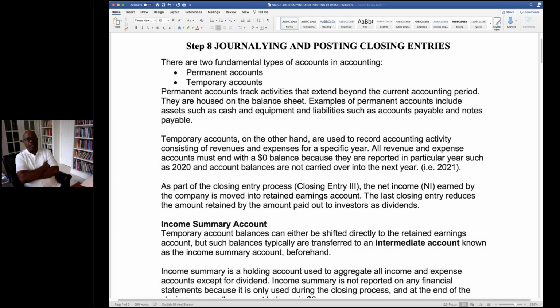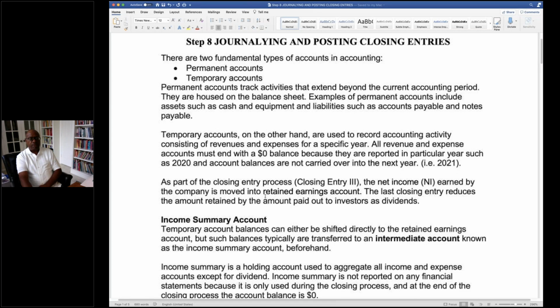And these are temporary retained earnings accounts. We're going to close it into retained earnings. And that's everything from dividends on down. So dividends, revenues, and expenses are temporary retained earnings accounts. We put them in those separate categories during the time frame so that we can prepare financial statements. But after we've done that, then we're going to close those accounts out into retained earnings.